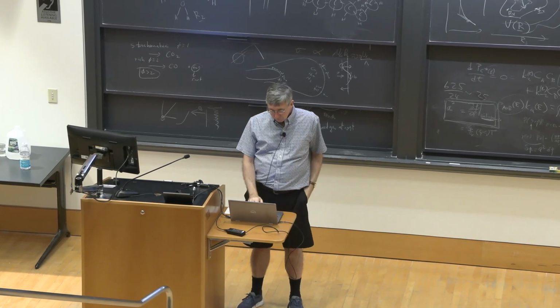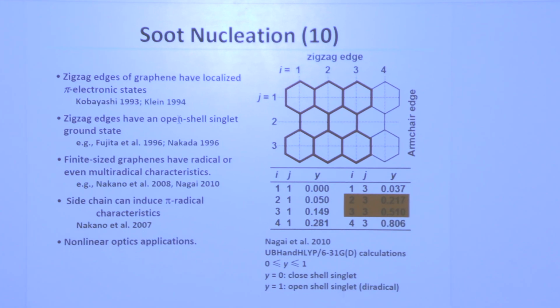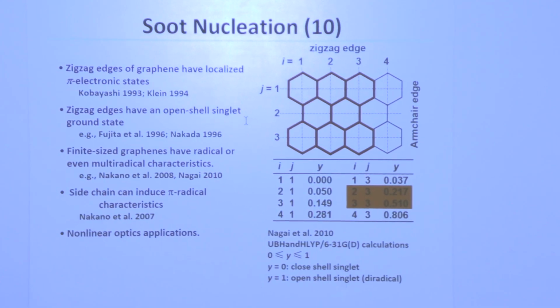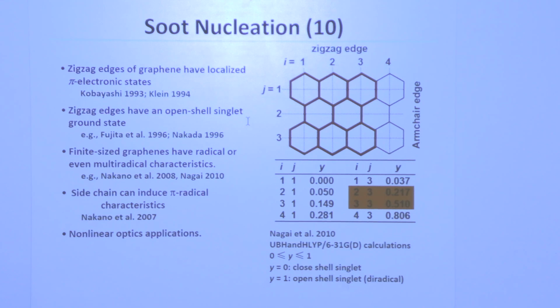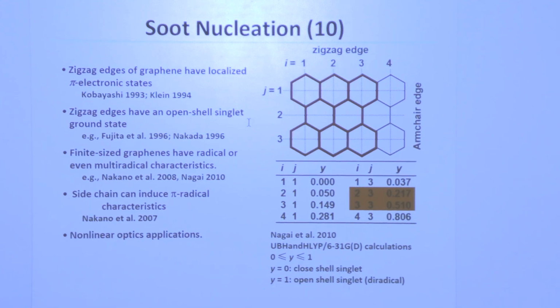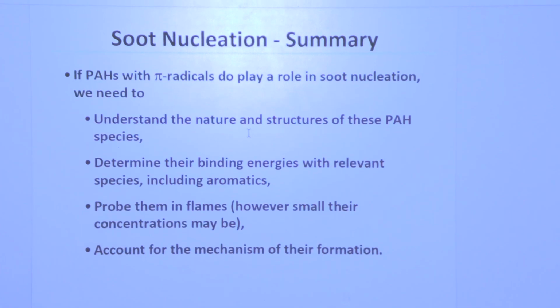And one part of it is that the zigzag edges look like they're open shell singlets. That means that they're free radicals, basically. They're paired, but they're separated, like one spin up and one spin down. And in principle, they could each react separately. And in fact, coal, because it has the radicals, if you put it in the presence of oxygen, you can just make peroxides directly from the radicals. So that's kind of interesting.